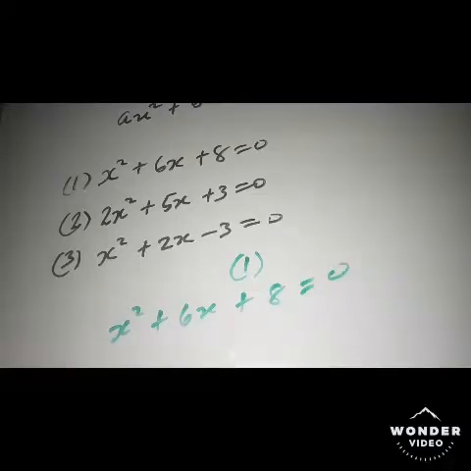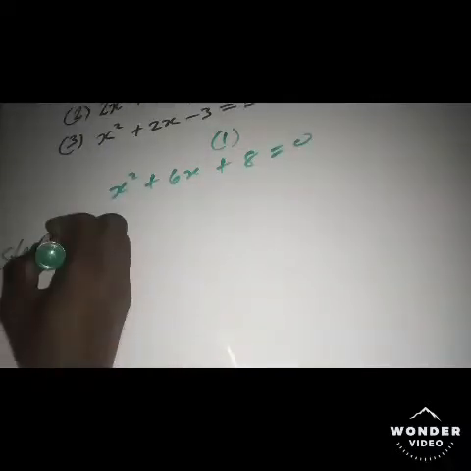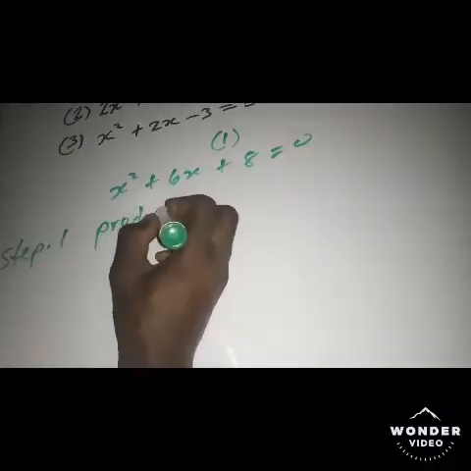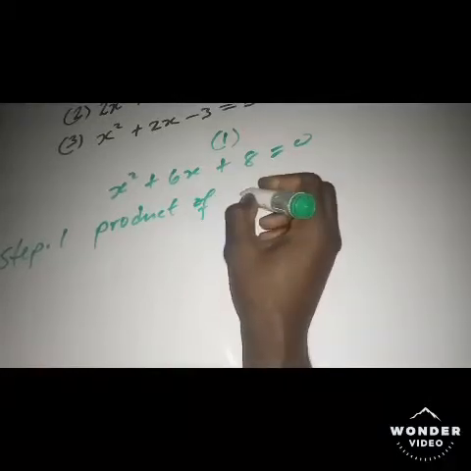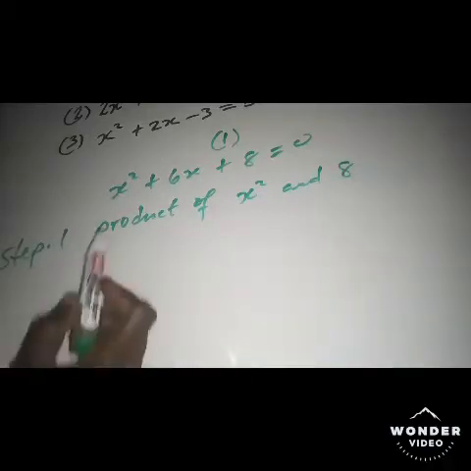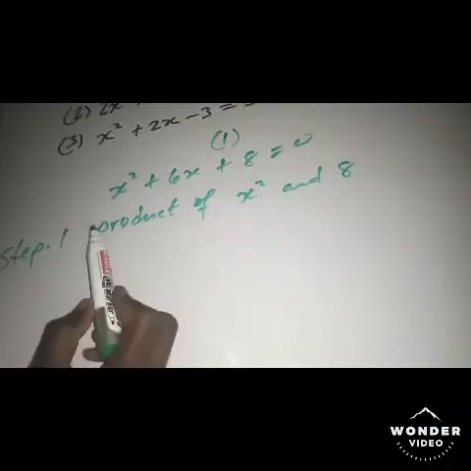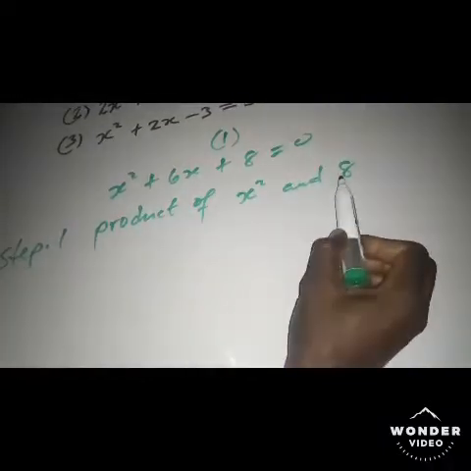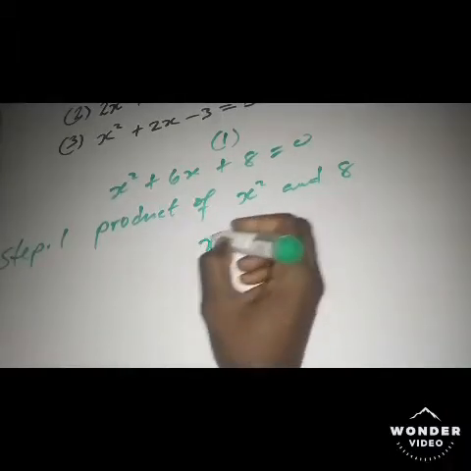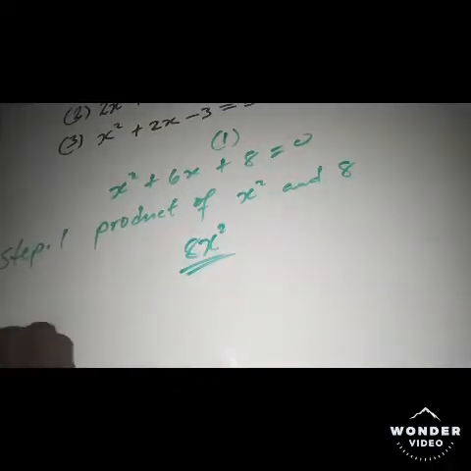So step 1, we find the product of the first term and the last term, x squared and 8. So we multiply x squared and 8, and the result is 8x squared.